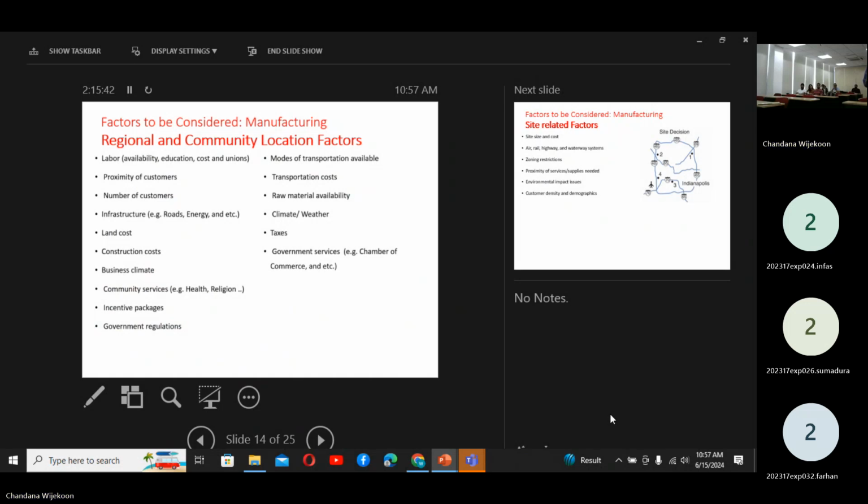They are most location factors. So individuals would be, yes. Understand these location factors.